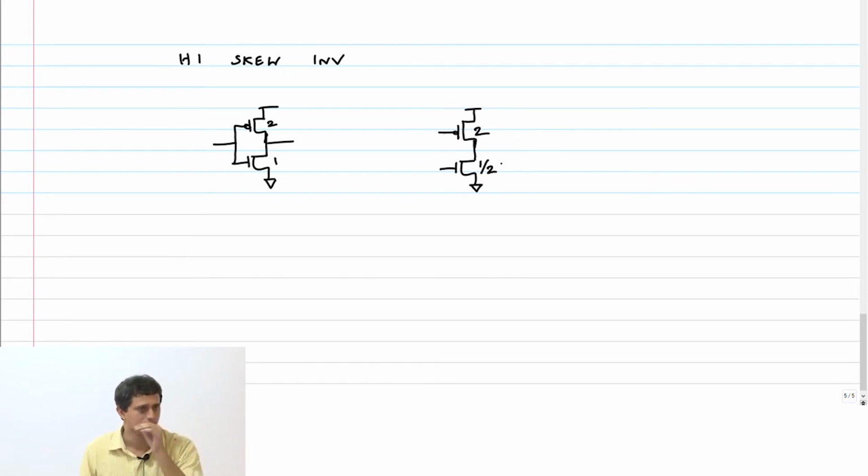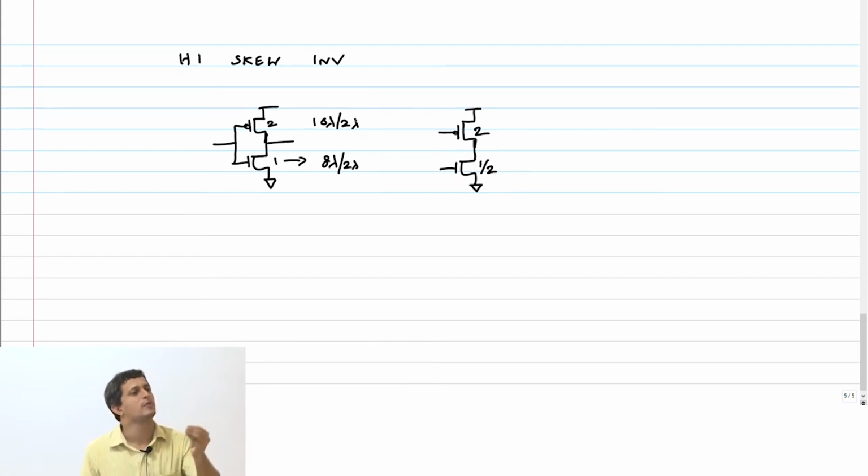So what I mean is, this 1 is going to correspond to, let's say, 8 lambda by 2 lambda, and this is 16 lambda by 2 lambda. And let's say the minimum width allowed in the technology is 4 lambda. Then this half is still allowed. That's what I meant. Doesn't mean that half cannot be used. It just depends on the absolute minimum width. Remember, these are relative sizings that I've been speaking about. Therefore, this half is allowed.